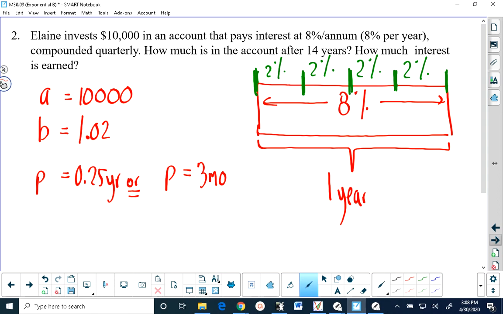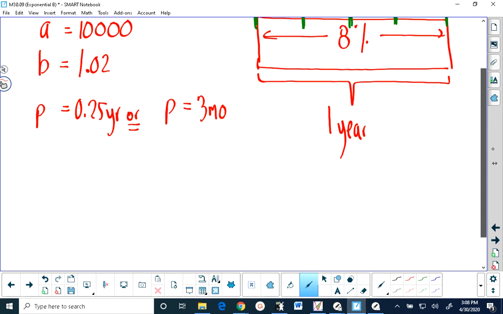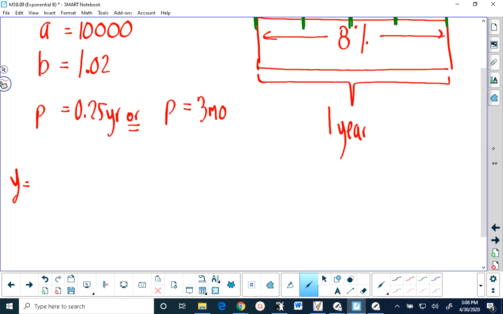There's 12 months in a year. If I divide up a full year into quarters, each of those quarters is going to have 3 of those 12 months. You're going to have 3 months and 3 months and 3 months and 3 months. That's 12 months. And that means that you can get for Elaine's investment 2 different formulas.